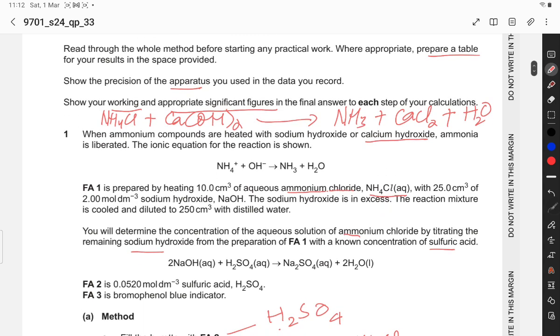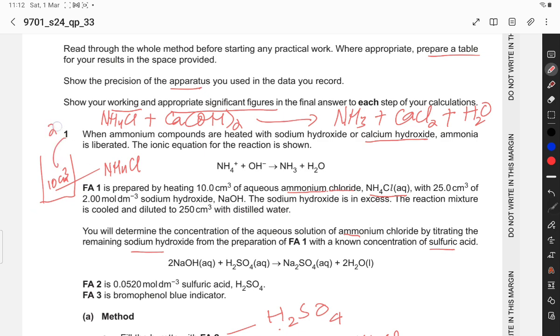So Fa1 is prepared by heating 10 cm³ of aqueous ammonium chloride with 25 cm³ of 2 mol per dm³ sodium hydroxide.